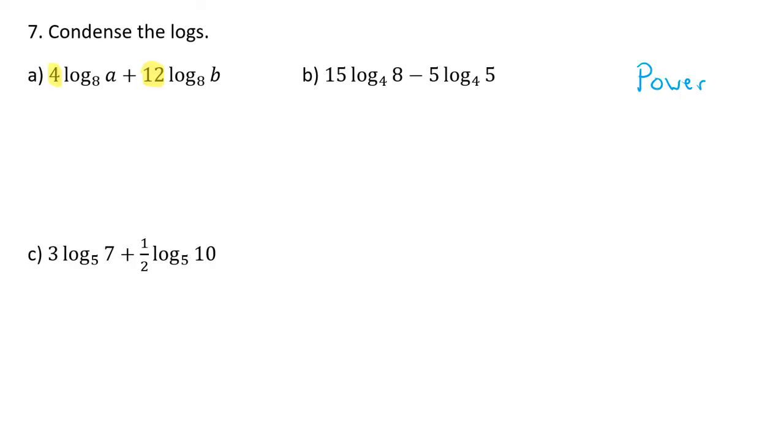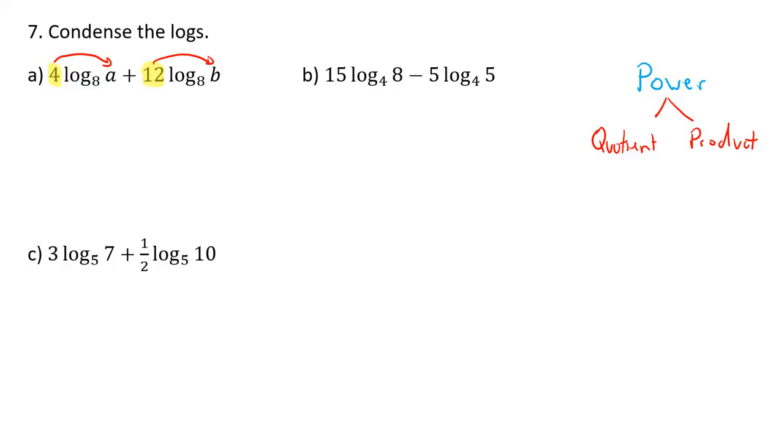Sorry, I'm having some trouble with my pens. Into the exponent position. So I'll always start off with the power property. After the power property, you're going to basically end up in two different situations. You're going to be using the quotient property or the product property. They're really much the only options you got.